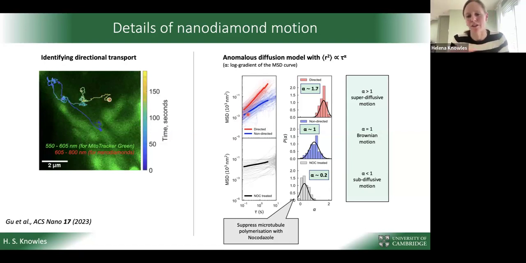And then when we shut things down, we're in the subdiffusive regime. So again, this is looking at lots of nanodiamonds in the entire cell, but looking at different regions, we can really extract what the viscoelastic properties are and what kind of diffusive regime we are in different parts of the cell.